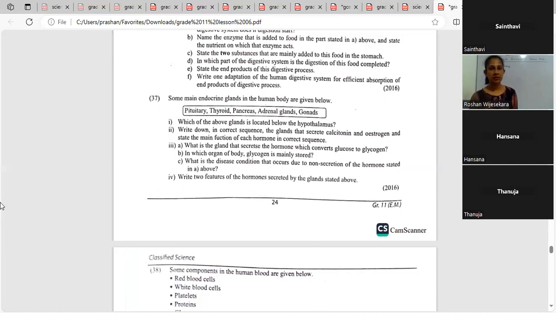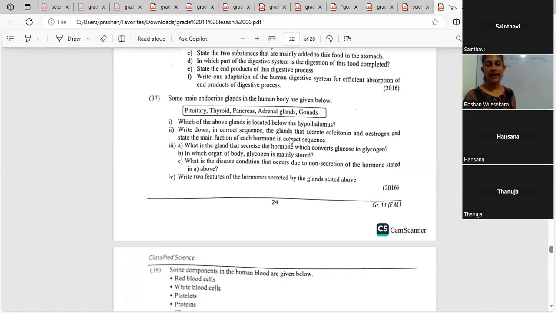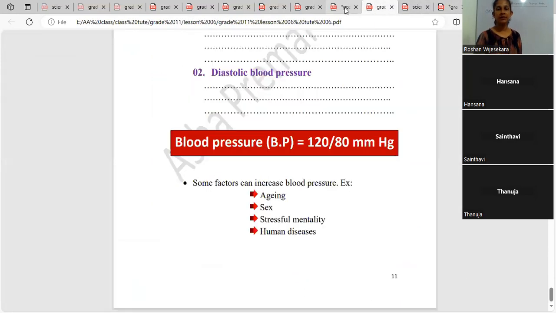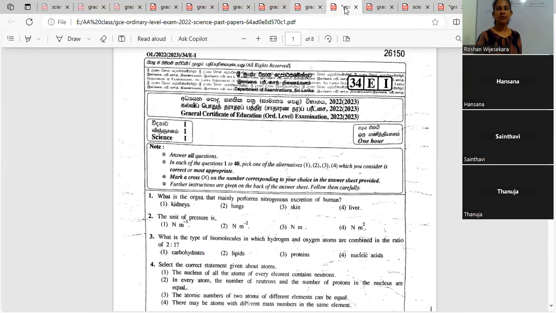Then the second one. Write down in correct sequence the gland that secretes calcitonin and estrogen, and state the main function of each hormone in correct sequence. Here the table is asking about calcitonin.